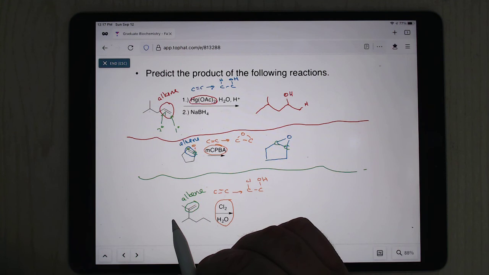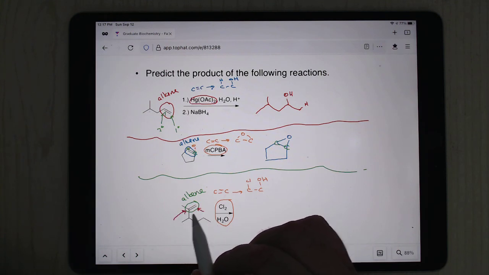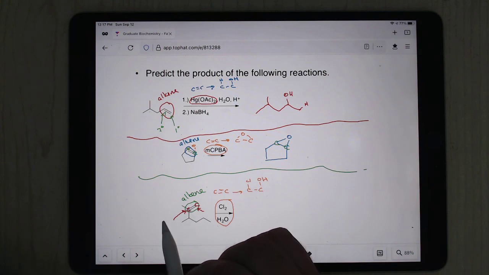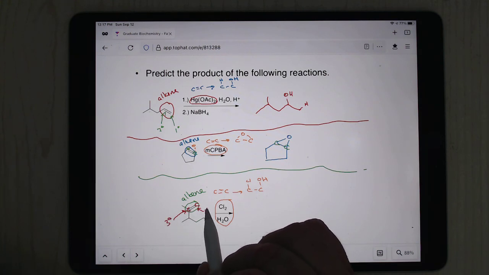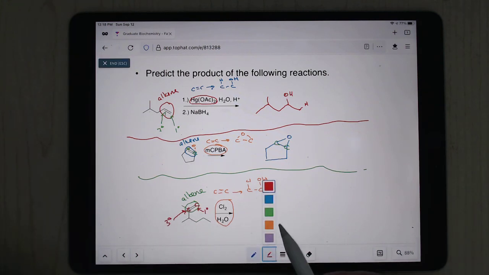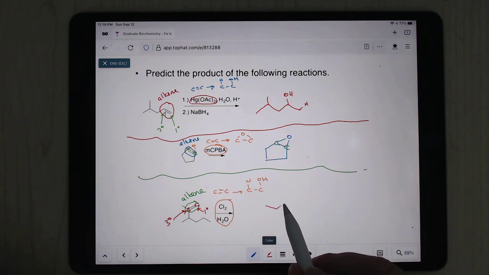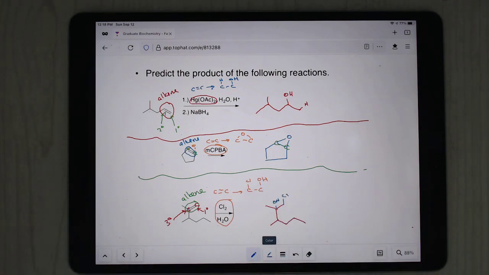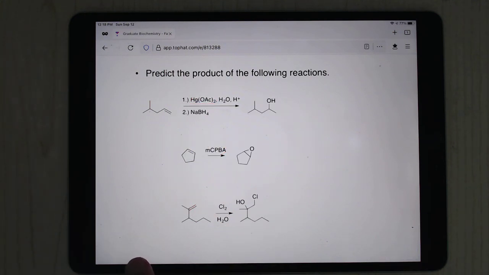If you look at these two carbons, this is tertiary, while the other one's primary. And so what we're going to end up with is this. The OH going on the higher ordered side and the Cl on the lower. That's it. Good luck.